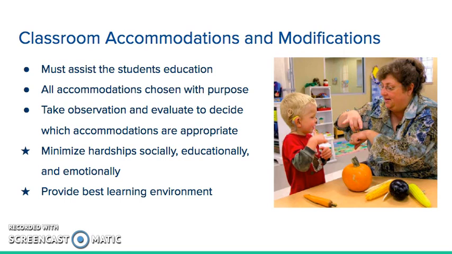Accommodations or modifications should always be chosen purposefully based on the child's needs, and those can be chosen through careful observation, thoughtful educational planning, and systematic evaluation to guide those decisions. Two key things when picking these. They should always be properly implemented in the classroom so that they'll minimize social, educational, and emotional hardships for deaf or hard of hearing students.